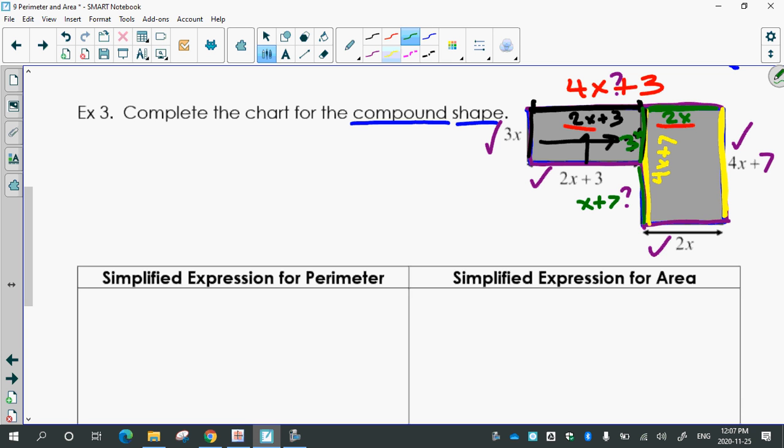So now whether I'm a count arounder or a liner upper, I can add all the sides together. Remember I said checking them off is a good idea? Because we have so many sides, so I've got my 3x written down. Then this big side across the top is 4x plus 3.